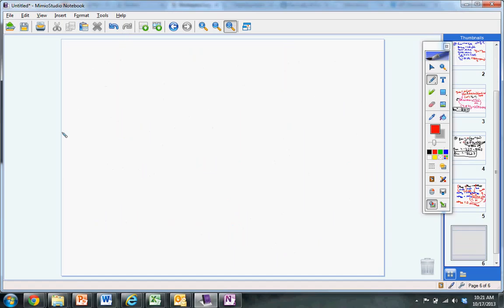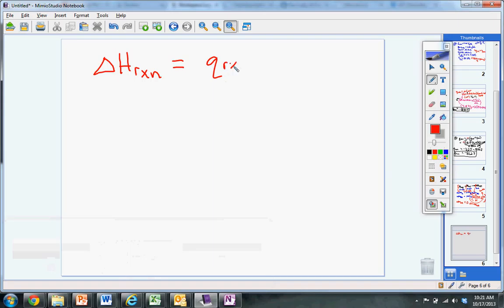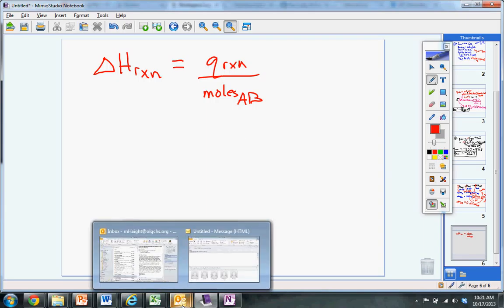Now what we have to do is figure out our delta H of the reaction. That's going to equal Q of the reaction divided by moles of AB. What is the Q of the reaction?